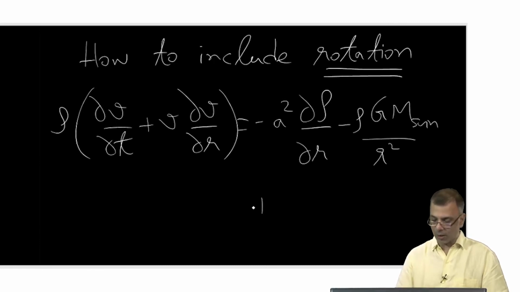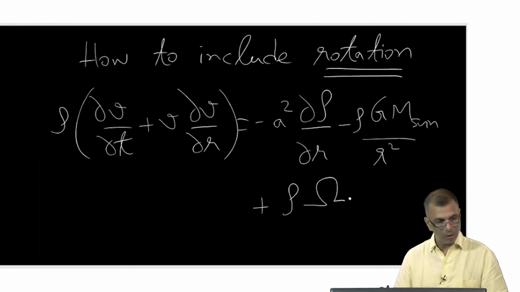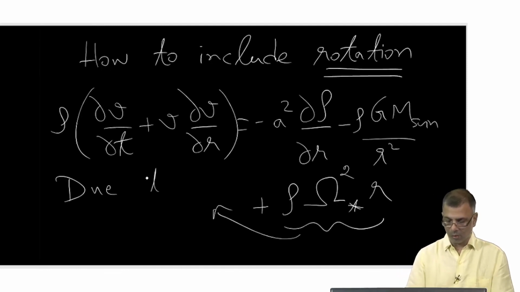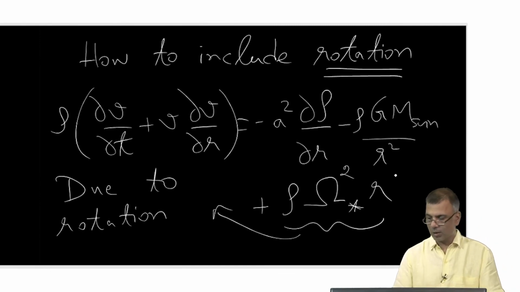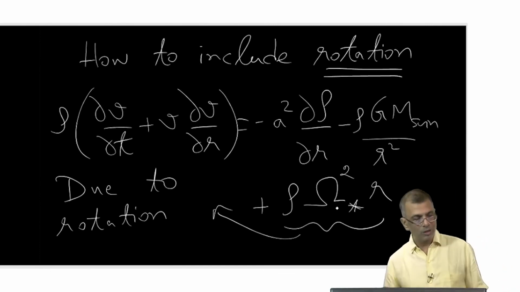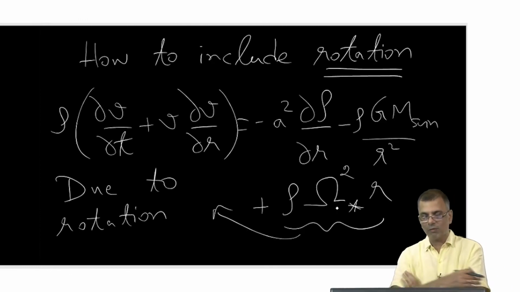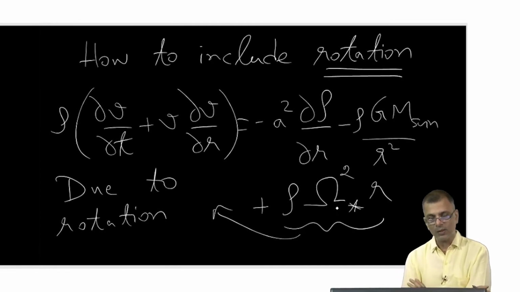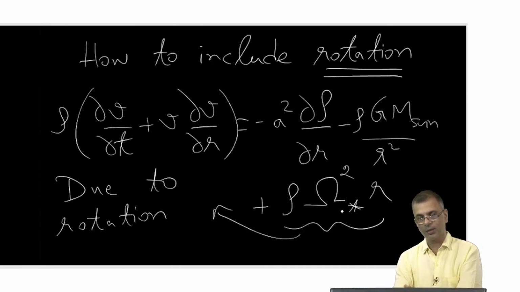And now you have a very important addition. You have a centrifugal term. This is due to rotation. This term is due to rotation, and omega star is the rotational velocity of the sun. This is how you include rotation.